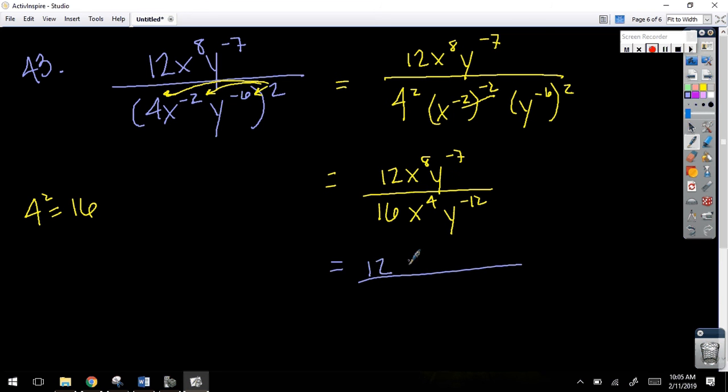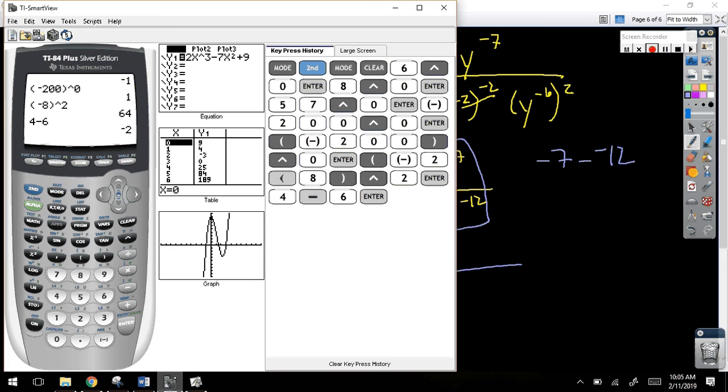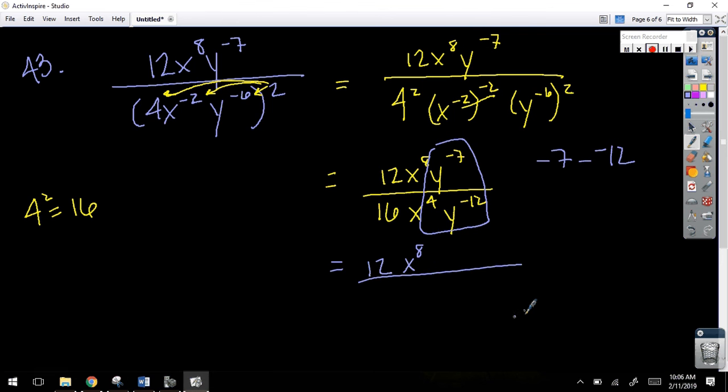All right, Christian says let's subtract the exponents on the y's. Yes. So negative 7 minus negative 12. I would maybe use the calculator if you don't understand. Always subtract when you divide. It's 5. You're absolutely right.